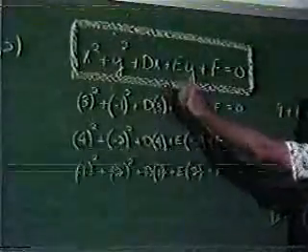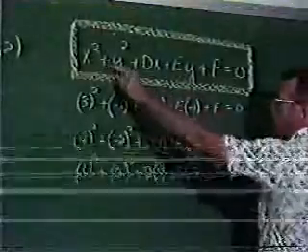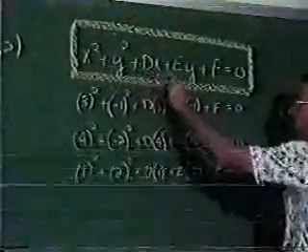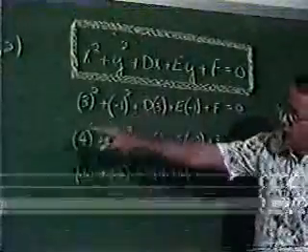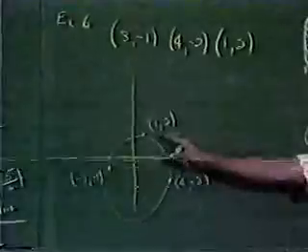The general form of a circle: x squared plus y squared plus something x plus something y plus or minus a constant equals 0. Now, looking at the figure again, this problem says that the circle goes through those points. Let's go back and remember the definition of a circle.